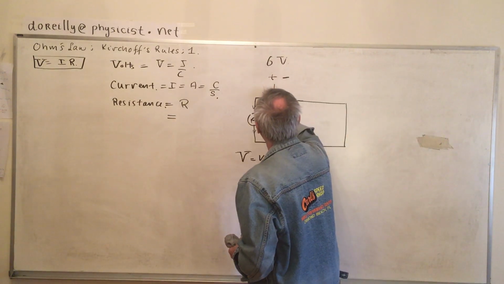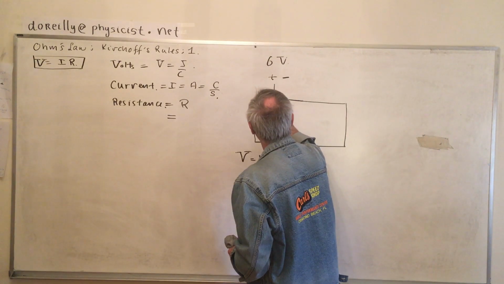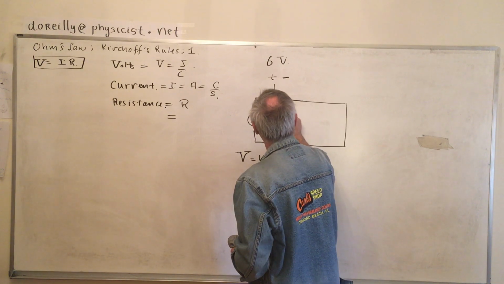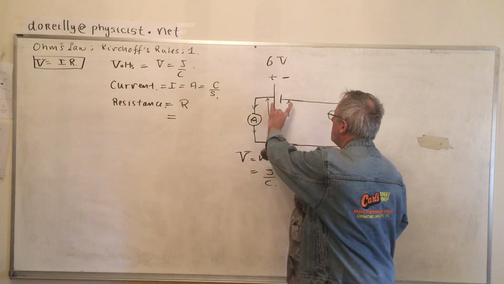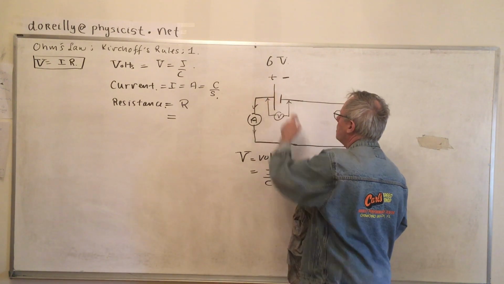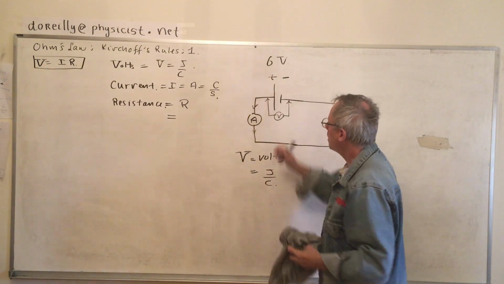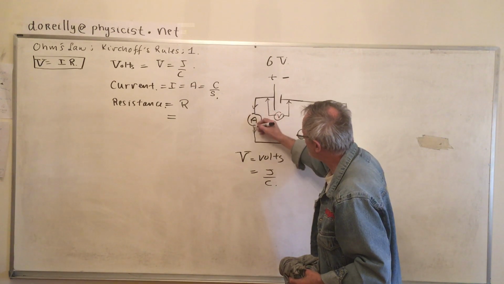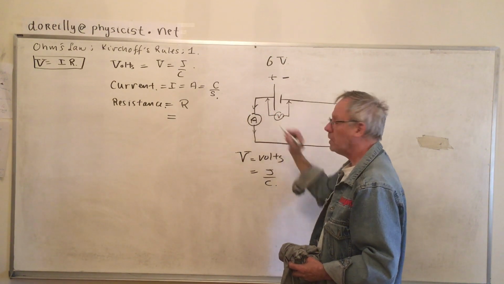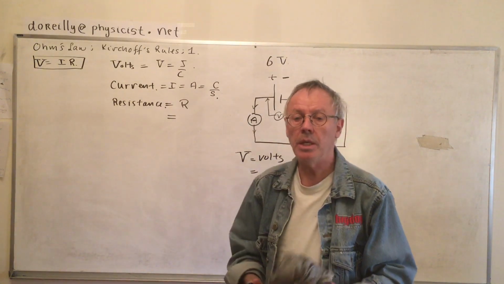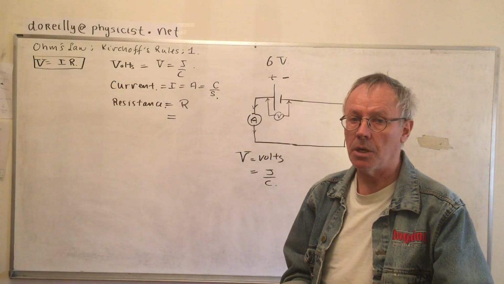Now a voltmeter goes across a potential difference. You think of a voltmeter as going like that, it measures a potential difference between these 2 points. An ammeter, the current flows inside, in one side and out the other. Different things. Ask for a reading on an ammeter, the reading will read your current in the circuit.